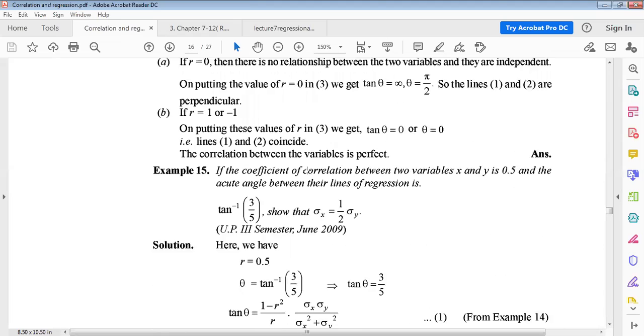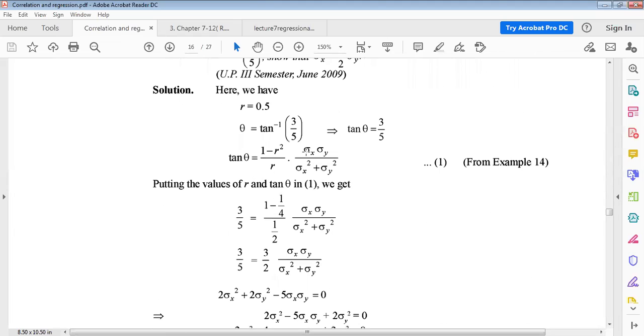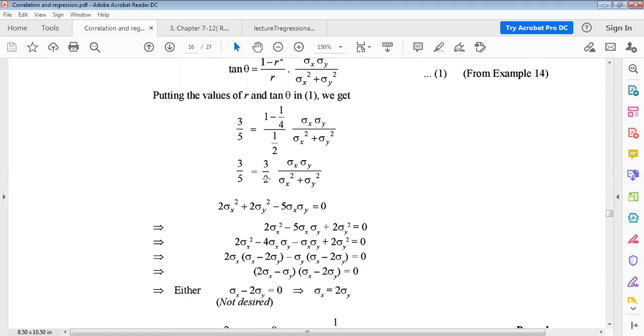So putting r and tan theta equal to this, after calculation and cross multiplication we get this. Then we solve for sigma x and sigma y.